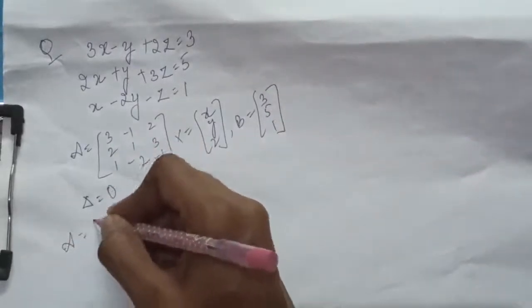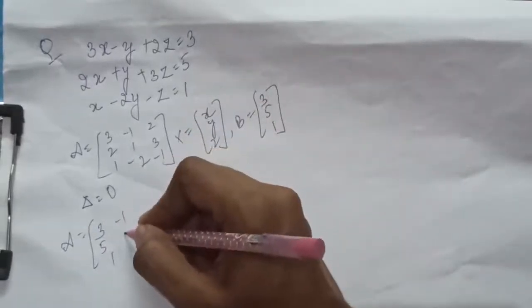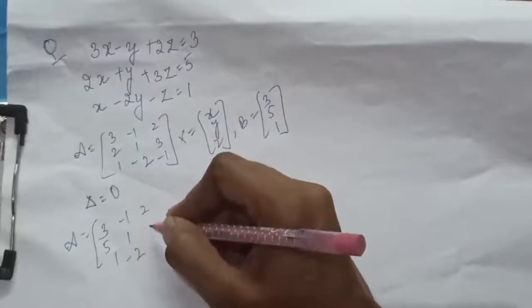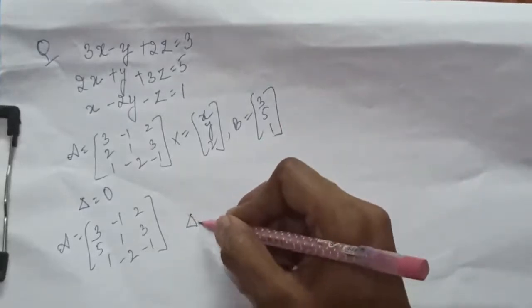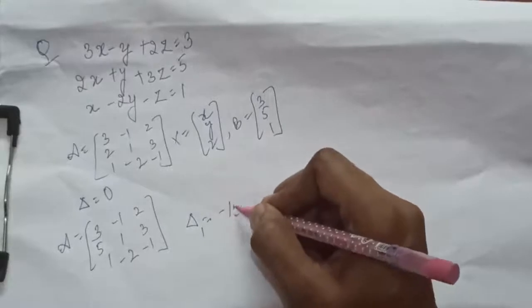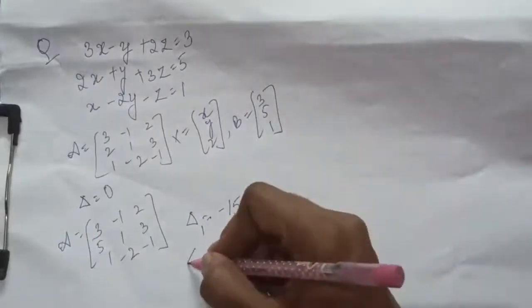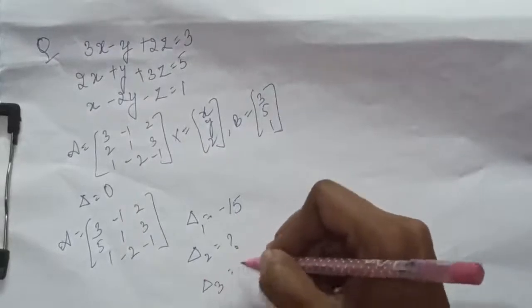So my new A will have 3, 5, 1 as the first column, then minus 1, 1, minus 2; 2, 3, minus 1. And again I found delta 1, and when I calculated, it came out to be minus 15. Now I can move further. I can calculate delta 2 also by replacing the second column, and I can calculate delta 3 as well.